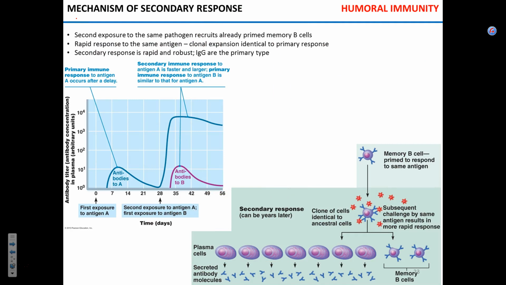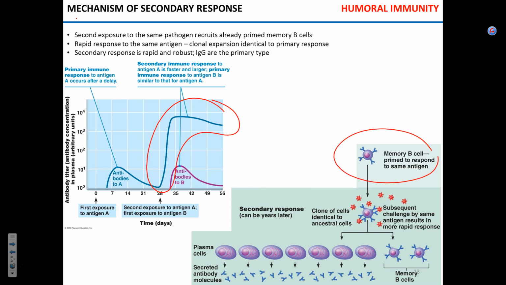Now, what happens during the secondary response? Remember, in the first response, you've got a bunch of plasma cells, and you've got some memory cells. Are you with me? So these memory cells, in your second response to the antigen, will produce a much more robust response that will be much faster.